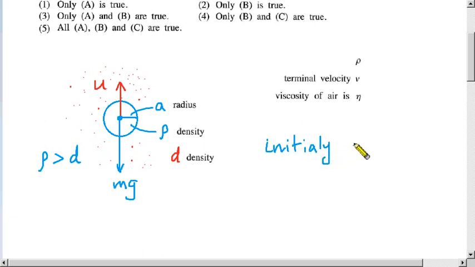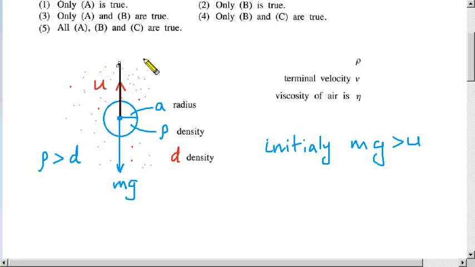what is the condition? Mg is greater than upthrust, and also there is no friction. Friction means friction acts against the motion, downwards.